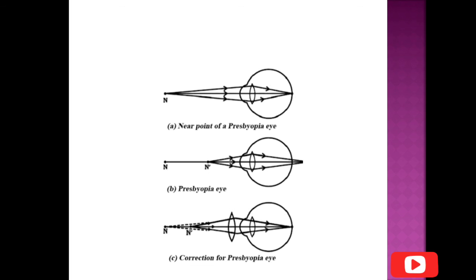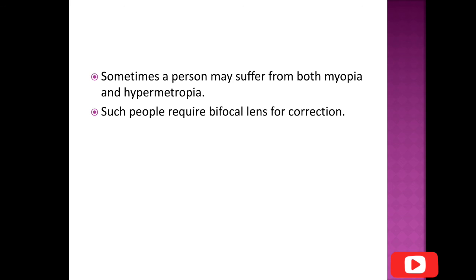Also, sometimes a person may suffer from both myopia and hypermetropia. For such people, a bifocal lens is required for correction. So this is all about the human eye, the defects of the human eye, and how these defects can be corrected.